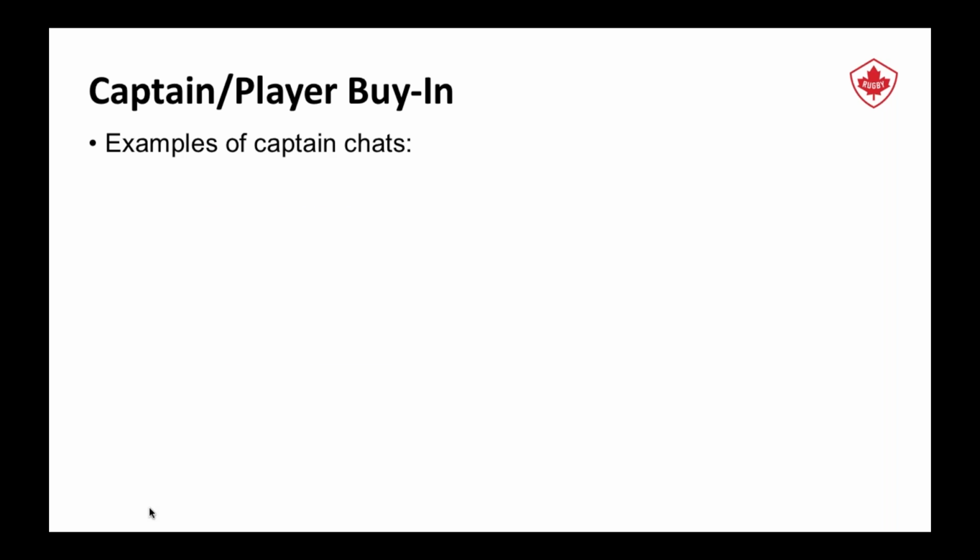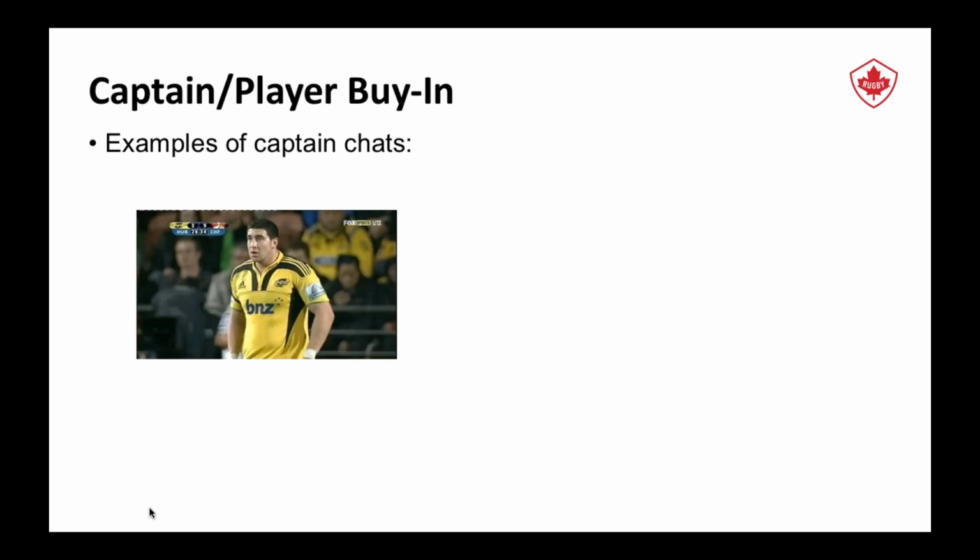Okay, so here's a couple of other examples of captain's chats, right? I just want us to get a feel for what's appropriate at what part of the game potentially, as well as some different ways of saying what it is we're trying to say to our captains in some of these instances. For the most part, I try to refer to Canadian context. The reality is referees on microphones isn't always available.